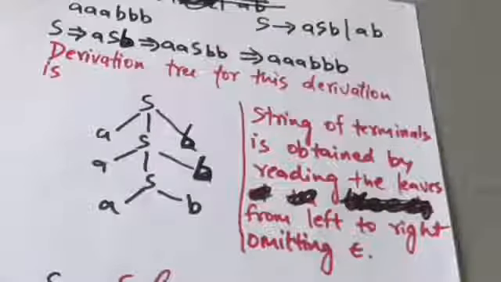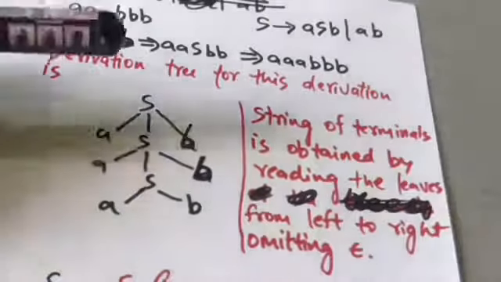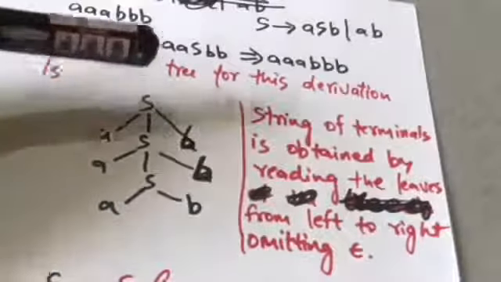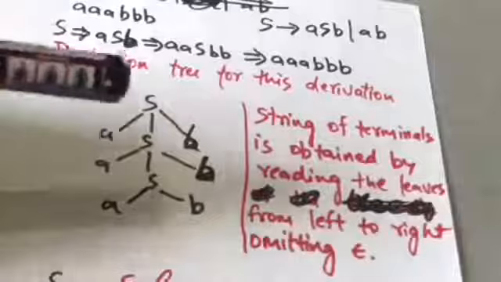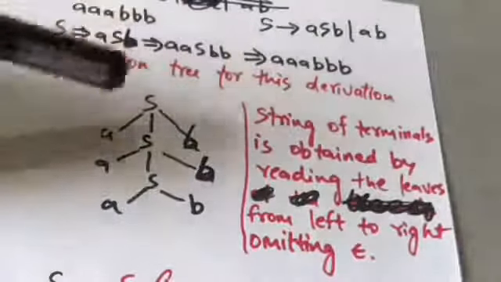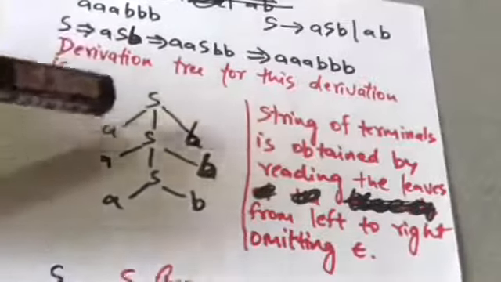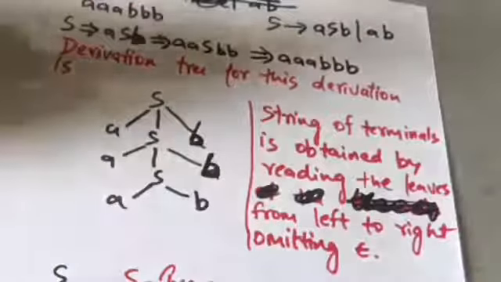Now a string of terminals whose derivation is represented by the derivation tree is obtained by reading the leaves from left to right, omitting any empty string, right? So this derivation tree represents the derivation of aabb.